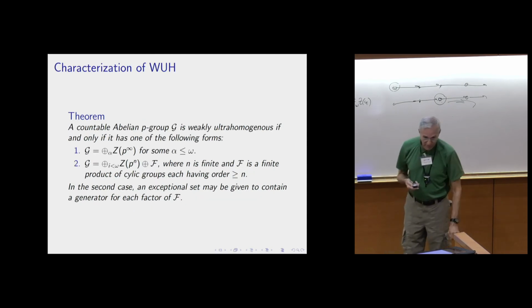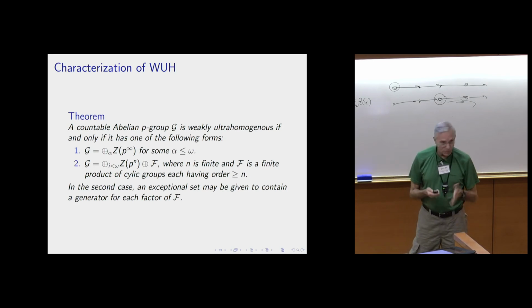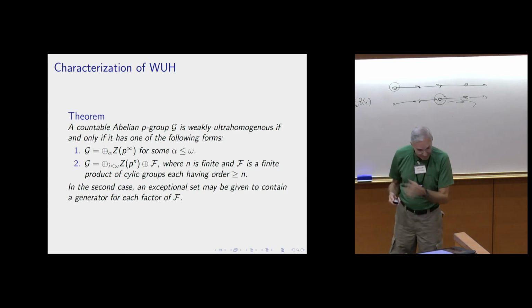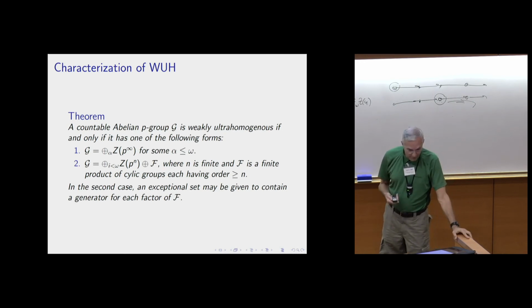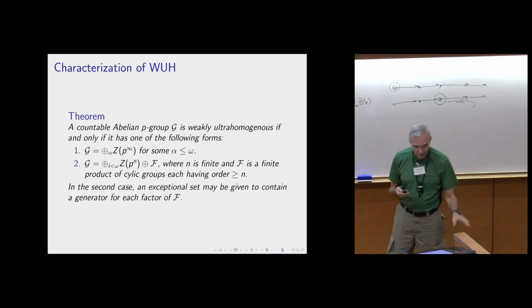So you can characterize being weakly ultra-homogeneous. Either you're just divisible, or you can have infinitely many copies of a homocyclic part, infinitely many of the same size, and then some finite group, but the finite group must have all of the cyclic groups of larger order than n.